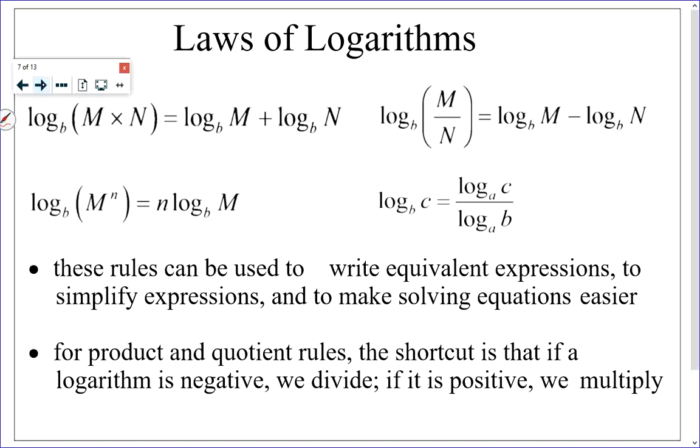The quotient law says the logarithm of a quotient is equal to the difference of the individual logarithms. With the quotient law, the order in which the individual logarithms are subtracted is the same as the order in which the arguments are divided in the single log. So if m is on the top, you're going to take log m minus log n.